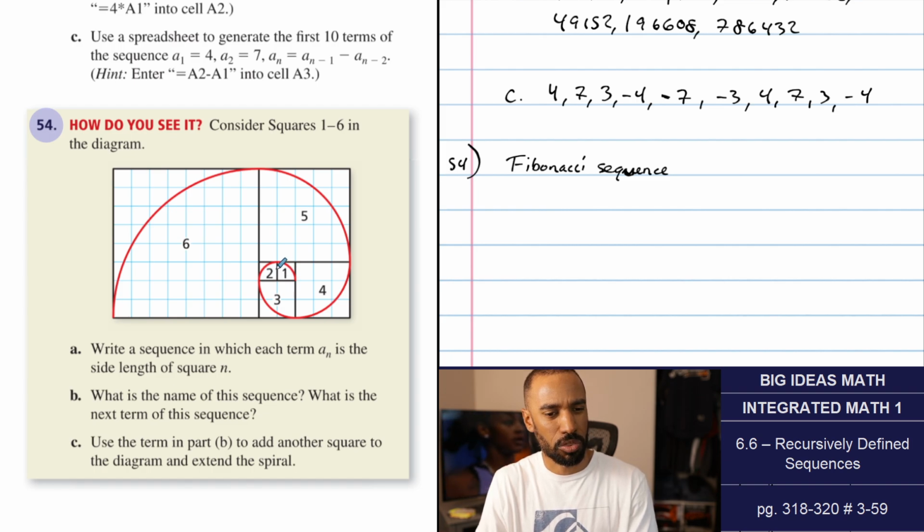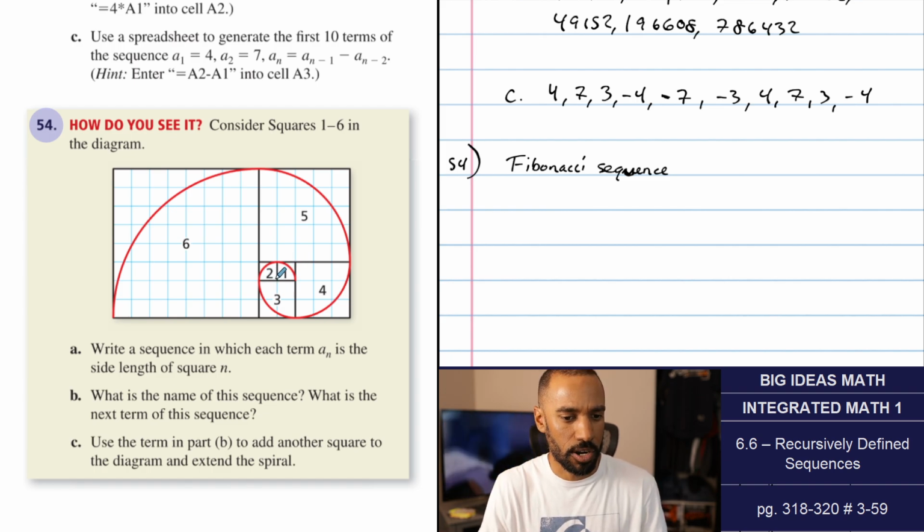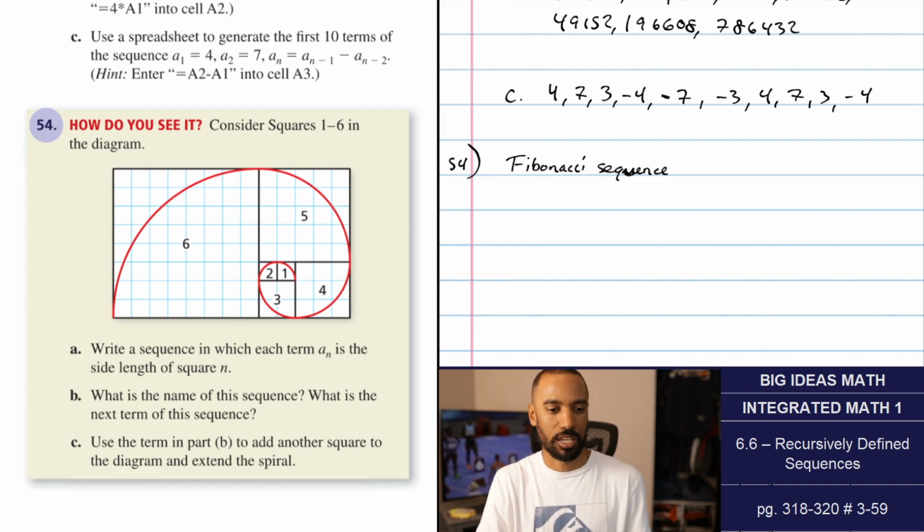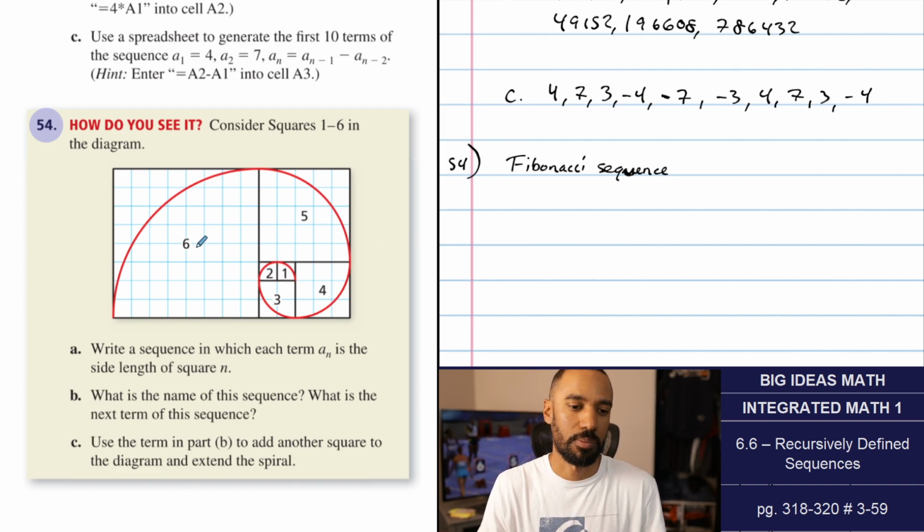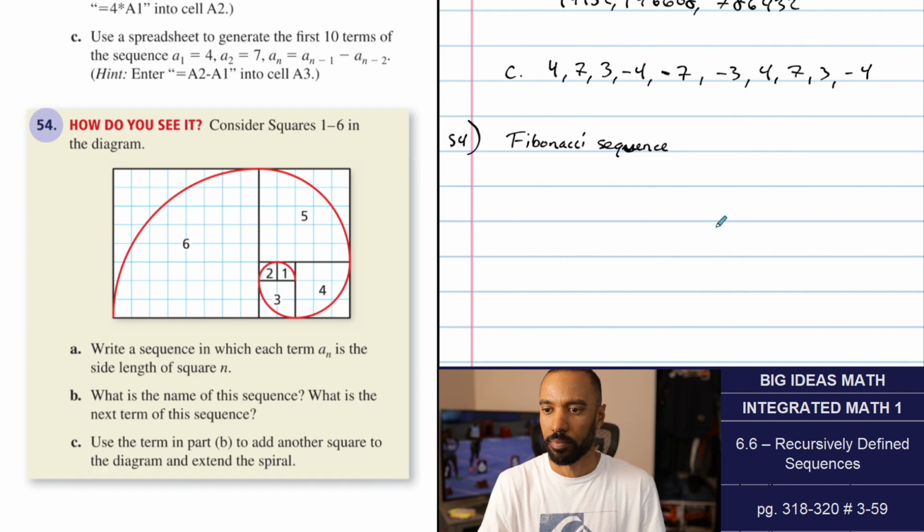Let's see how that works. I forget how that works as far as making the sequence what it is. I don't know. I suddenly can't remember, but it is. But the next term of the sequence, you add up what you have before it. So the first term is 1, second term is 1, third term would be 2.